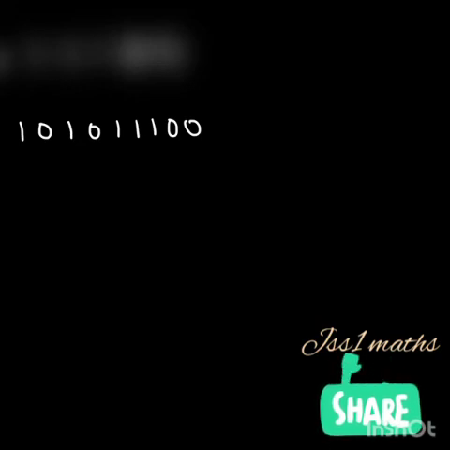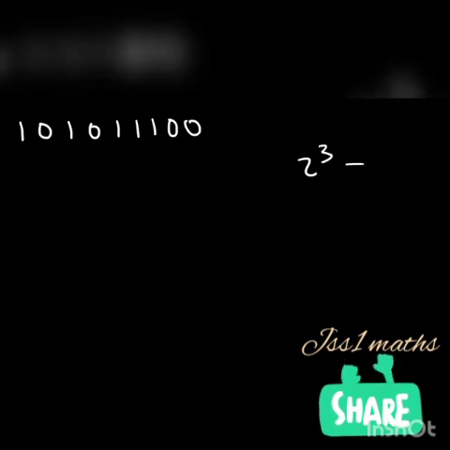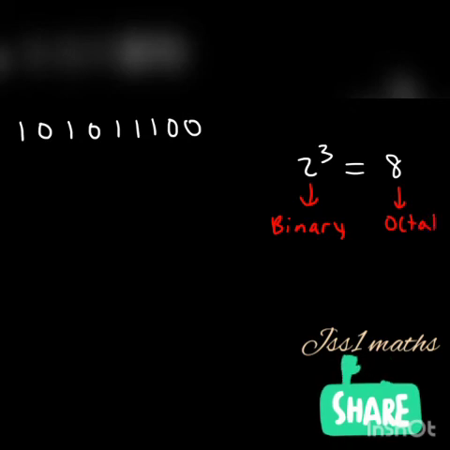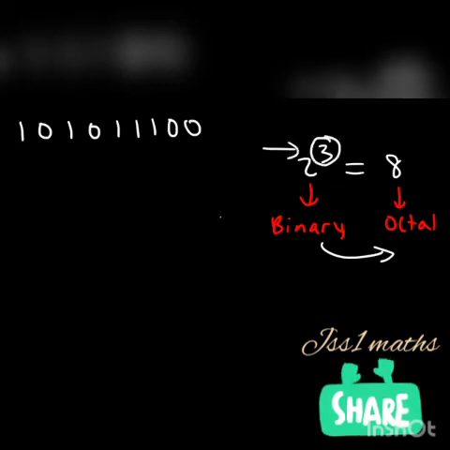And the way you do this is you group it. 2 to the third power is 8. And so if you want to go from the binary system, that is a base 2 system, into an octal system, that is a base 8 system, you need to group the binary numbers in groups of, guess what? 3, the exponent that you see here. And so let's separate it into groups of 3.